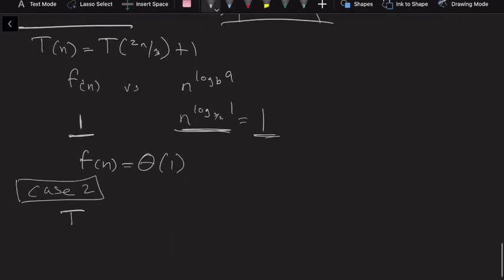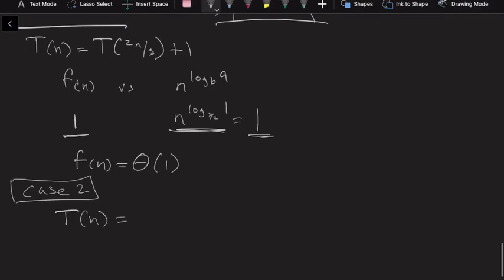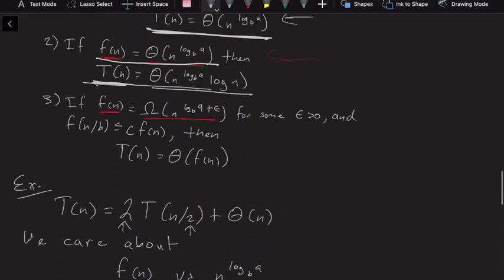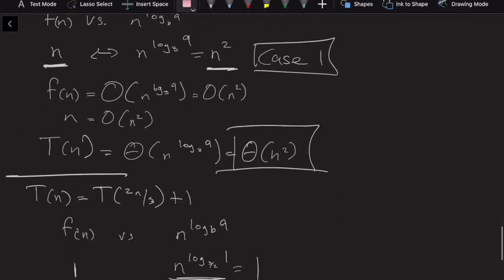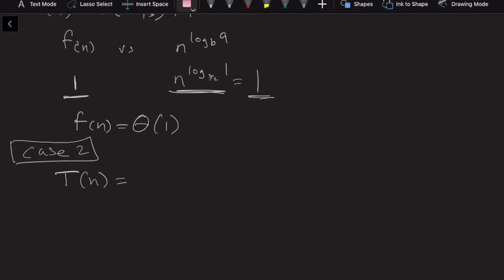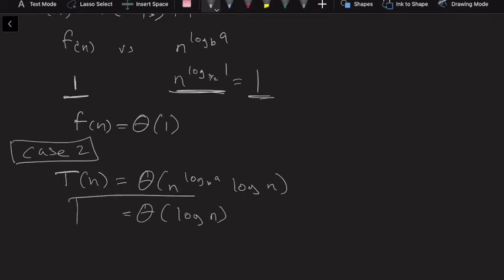The runtime T of n is equal to, we look it up, theta of n to the log base b of a times log n. Since n to the log base b of a is 1, it's just log n. So our runtime is going to be theta of log n.